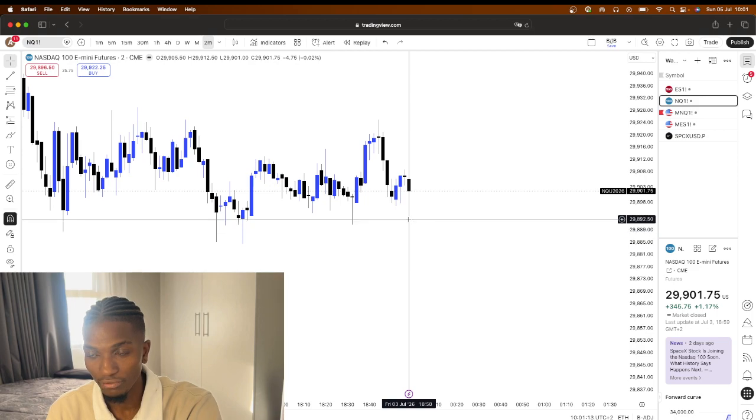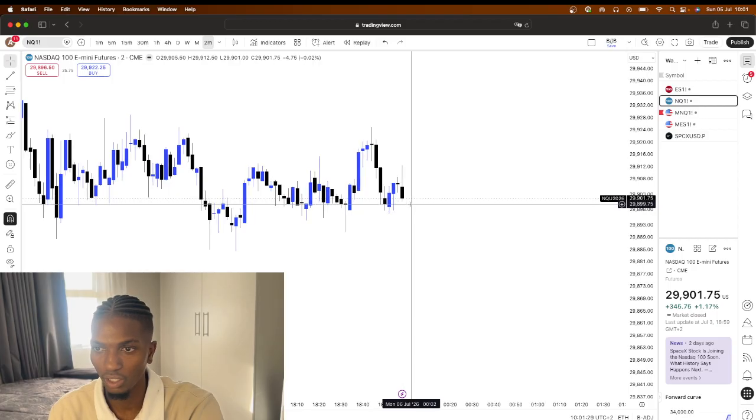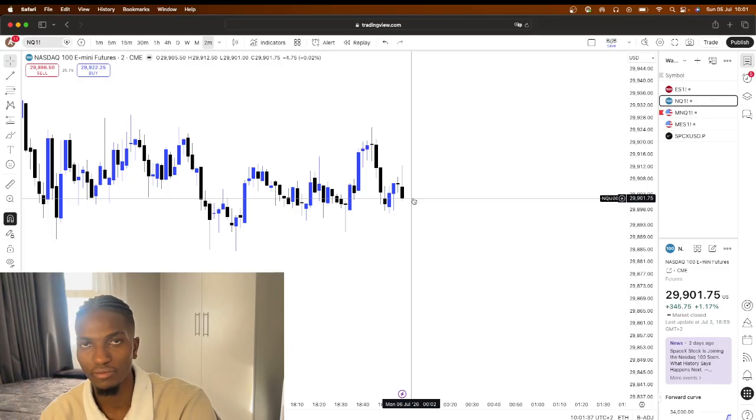Once it moves from 18:58 to 19:00, we get a new candlestick. This one will close. I will explain what closing is, and you'll understand. Don't worry. So 19:00, new candlestick. 19:02, new candlestick. Every 2 minutes we get a new candlestick.